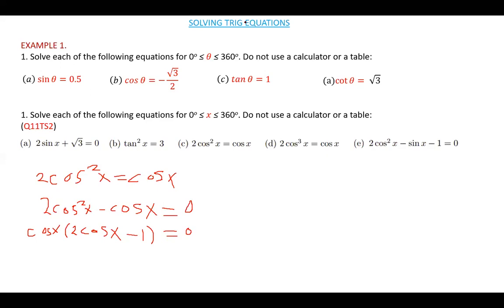And then from there, you can now equate that cos x to 0, and then you also equate 2 cos x minus 1 to 0. So cos x is equal to 0, and also 2 cos x minus 1 is equal to 0.